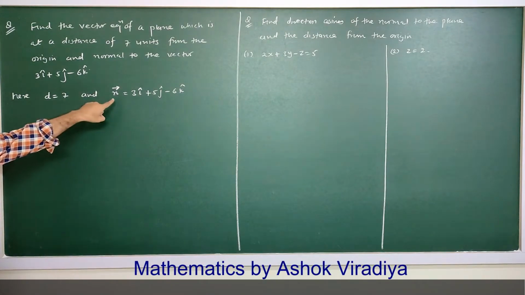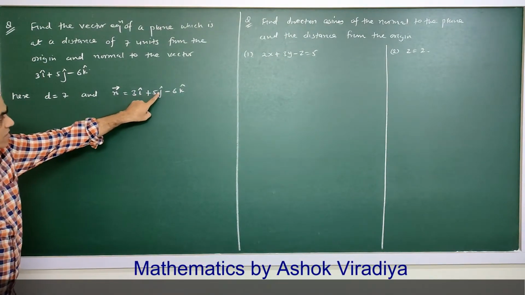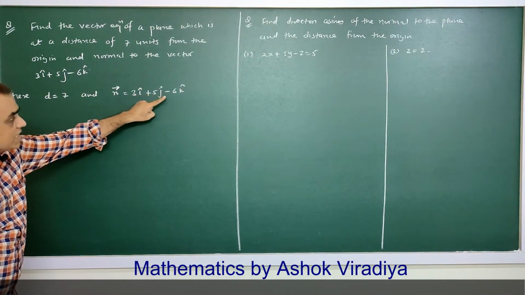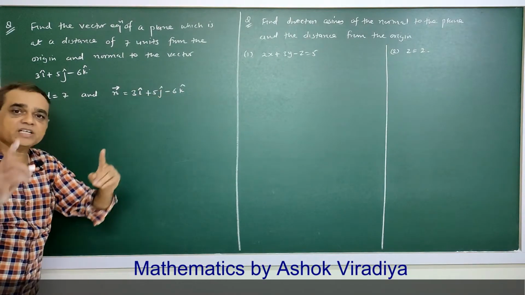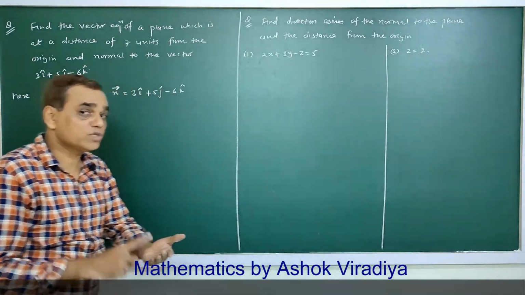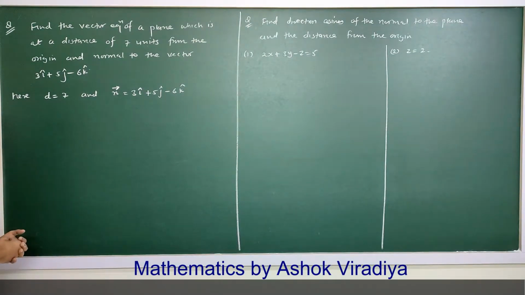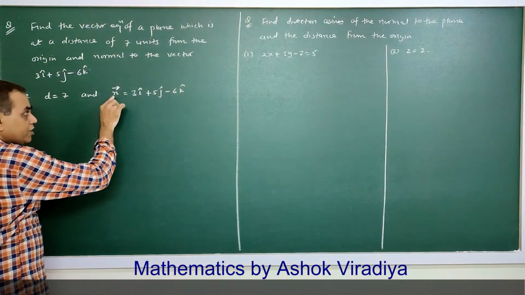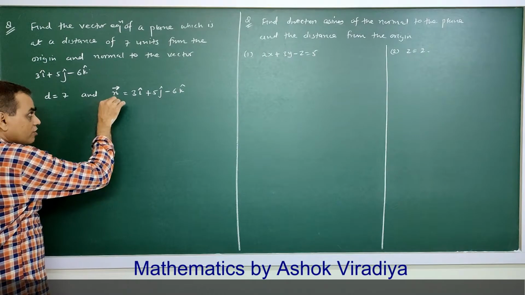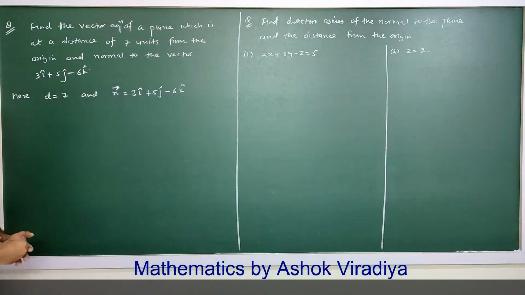This is a normal. So here the sum of squares of these three numbers is not 1, so it is not a unit normal. And we want to use the unit normal in the result. So to obtain the unit vector in the direction of vector n, we divide this vector by its magnitude.